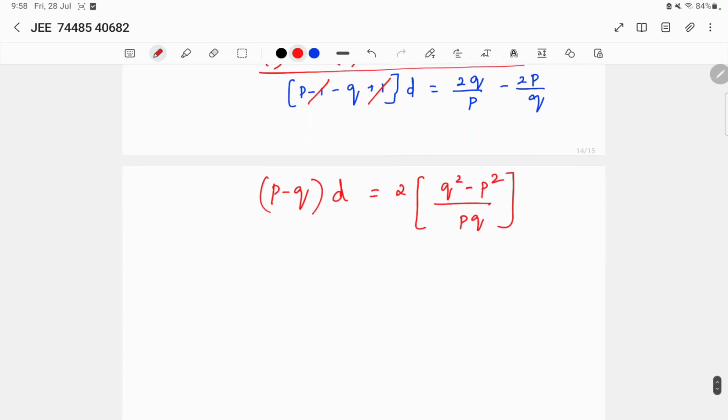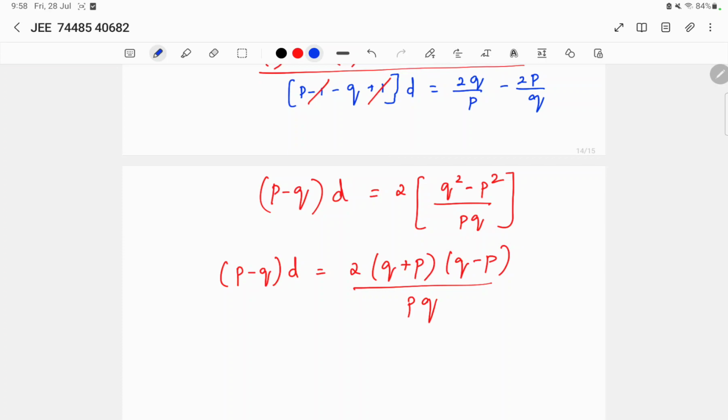Now Q square minus P square, A square minus B square, we can use the formula A plus B into A minus B. So we have P minus Q into D equals 2 into Q plus P into Q minus P divided by PQ.